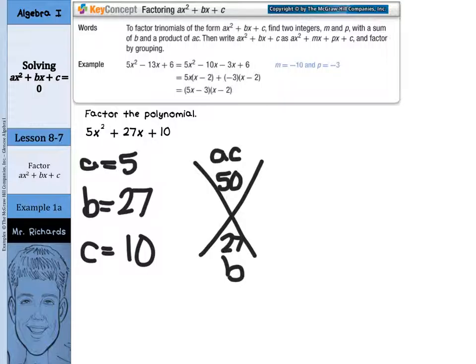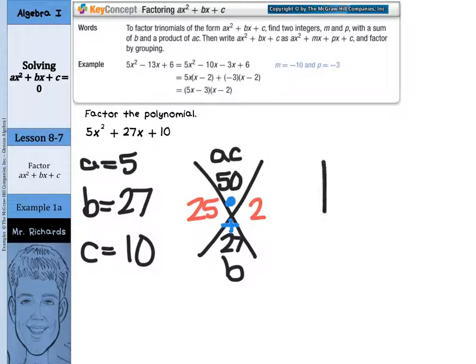Now what I'm looking for here are two numbers that together multiply to be 50, that add up to be 27. Those numbers are 25 and 2, as 25 times 2 is 50, and 25 plus 2 is 27.